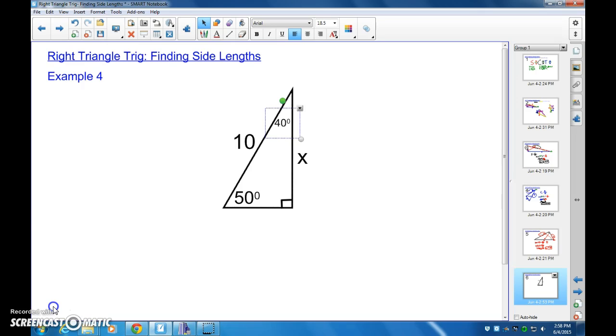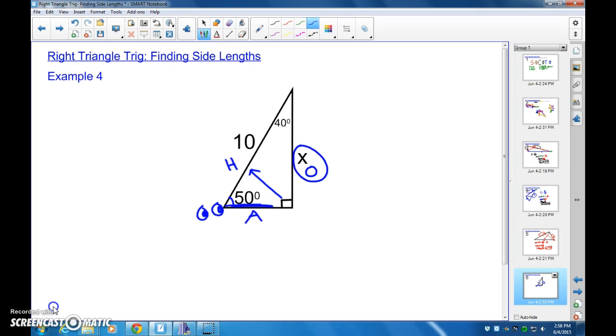Now the question is, how do I solve this? What angle do I use? It will not matter. You just pick where you want to start and organize it. So if I pick this, if I have the blue guy there, I'm looking at this angle. Here's the opposite. Attached to it's the adjacent, and always across from the 90 is your H. So from this, I want the opposite, and I have the hypotenuse.